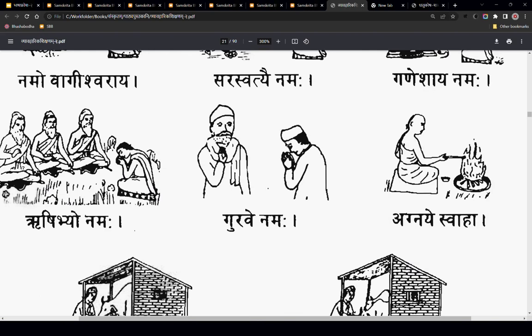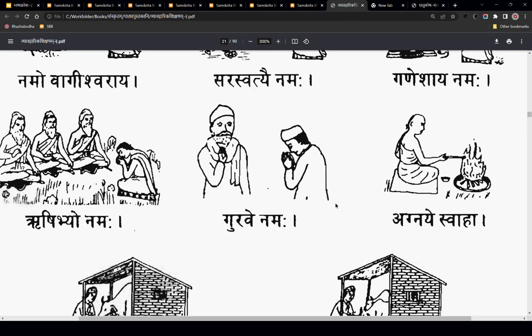In Yajna Kriya, where the yaga padartha like ghrita, etc., are offered to Agni in the yaga kriya. Not only Agni, it could be any devata, depending on the yaga, right? It could be Indra, Indraya Swaha, Agneya Swaha, etc.